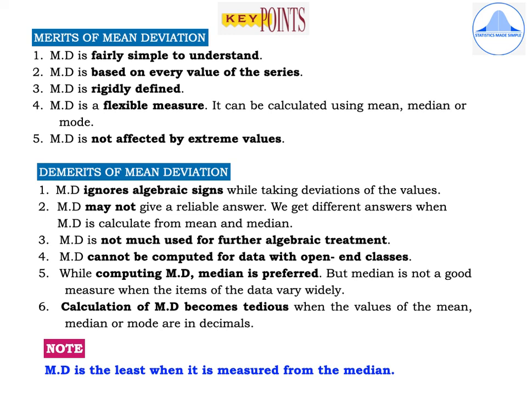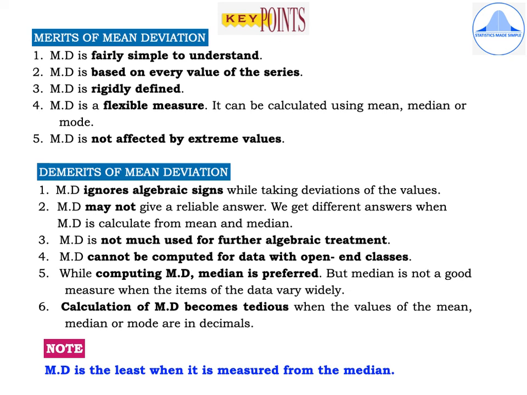Second point, the mean deviation may not give a reliable answer. We get different answers when the mean deviation is calculated from the mean, median, or the mode. The third demerit is it is not much used for further algebraic treatment. And fourth, it cannot be computed for data with open end class intervals.